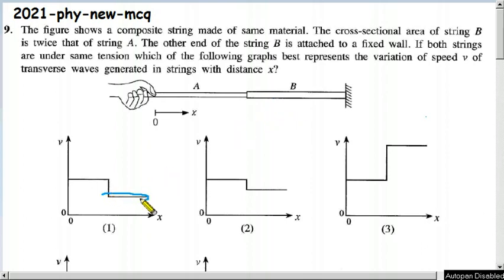It may be lower, it may be higher. We have to find out the speed in B. Actually, we have to find out the speed of sound, or the mechanical wave, in medium B. This one is a mechanical wave, so we have to find its speed in medium B.